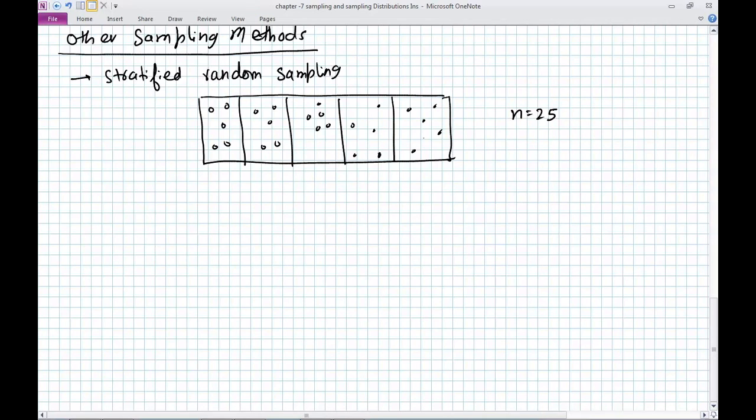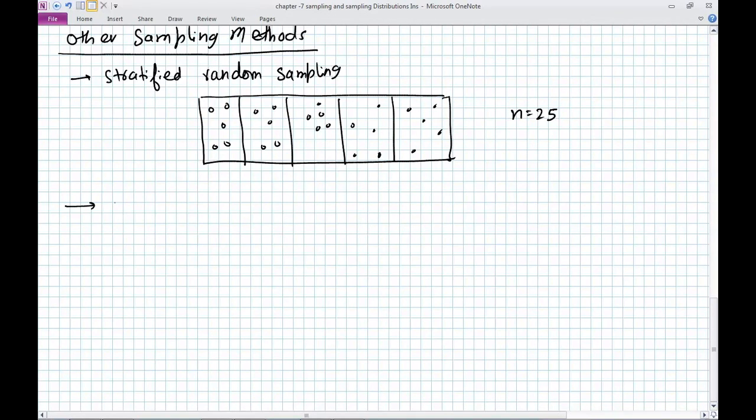Maybe you did not have anyone in your sample with a PhD, or students without a high school degree. So stratified random sampling ensures that your sample is more representative because you are making sure that no group is missed.